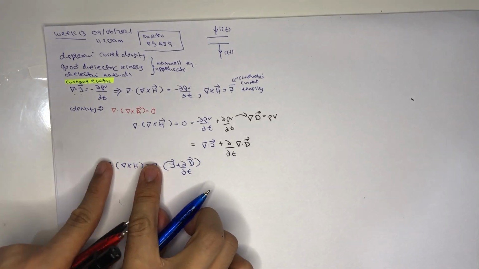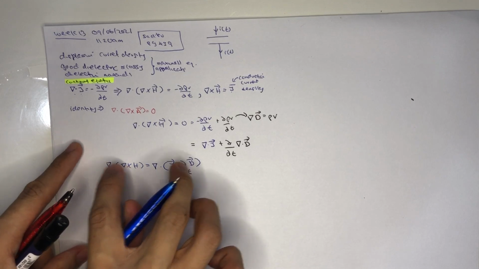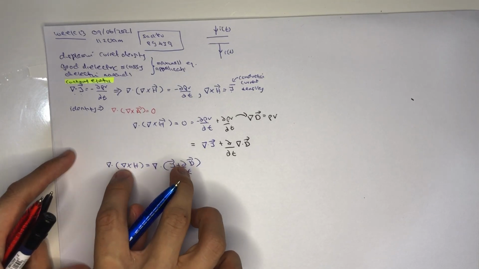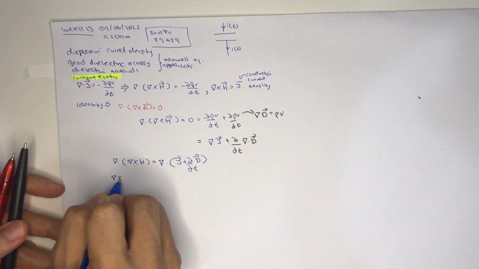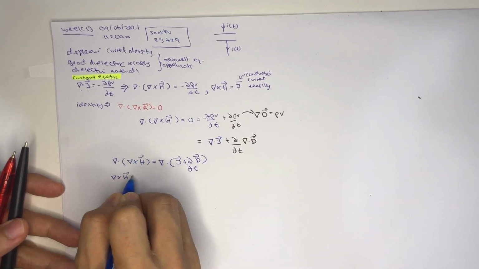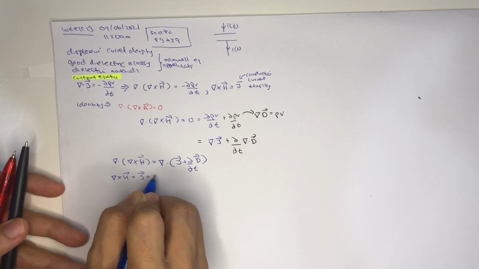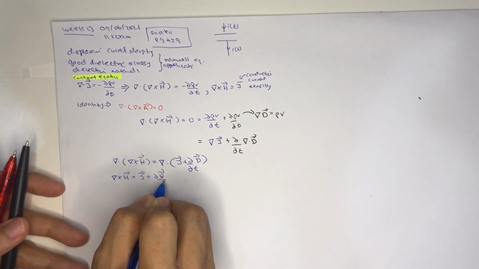If you take the common out and only focus on the differences, then you will come across that the curl of H is actually J plus dD over dt.